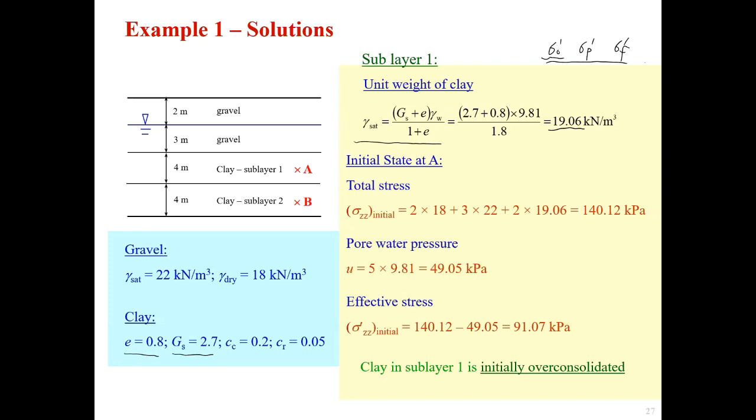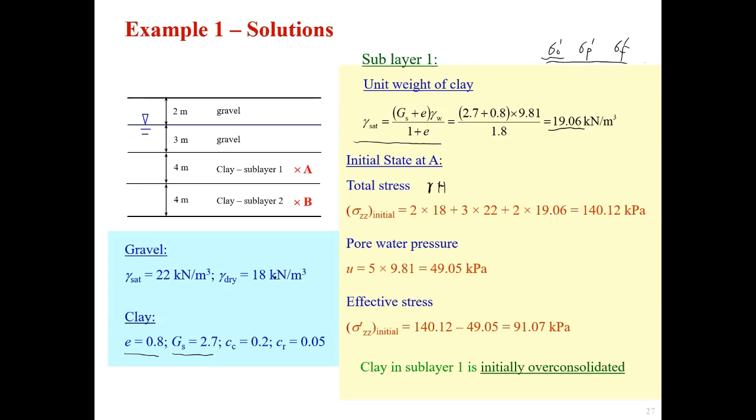And then for the initial state at point A, we work out the total stress. Total stress will be gamma H. If the soil is dry, with no water, then we just use the dry unit weight.